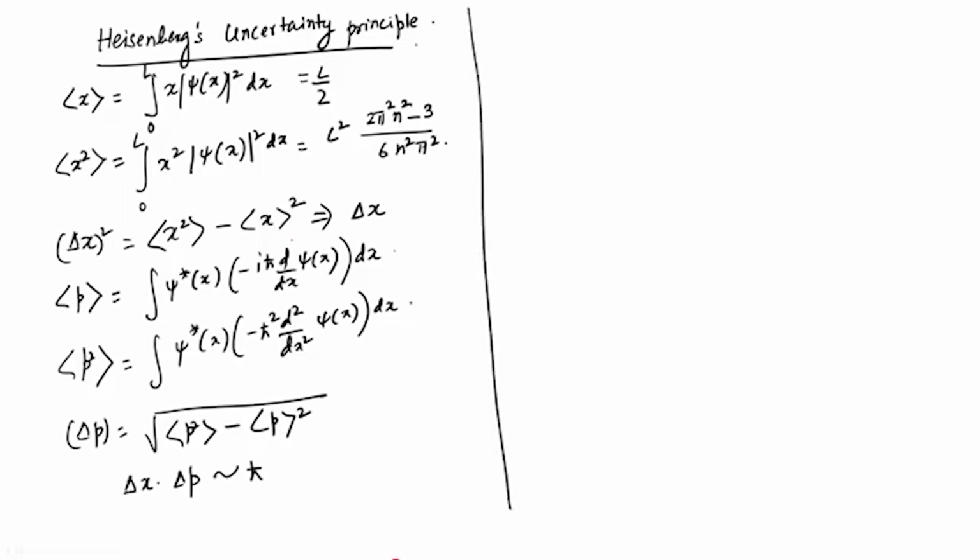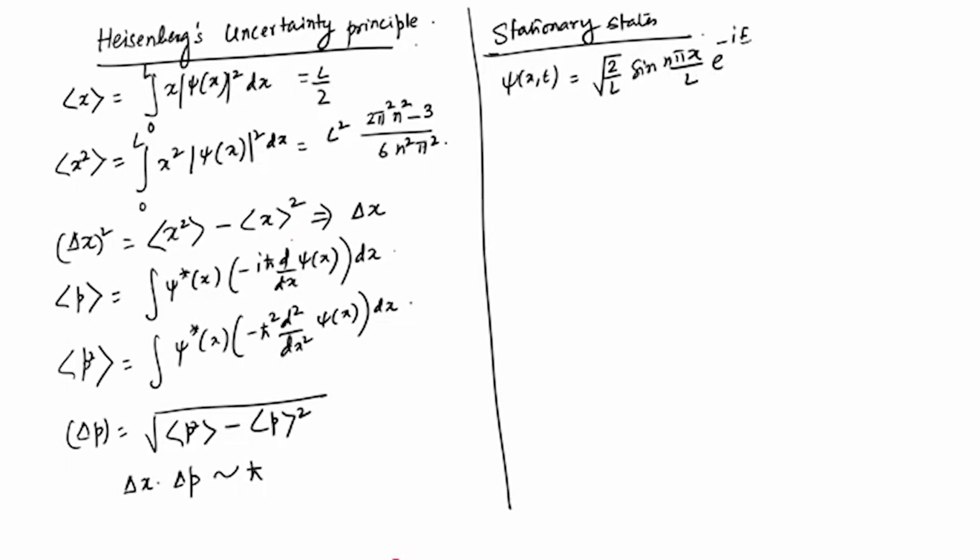Okay. And let us understand what the stationary states would be. If you want to evolve these wave functions in time, psi(x,t) is equal to root over 2 by L sine of n pi x by L, exponential of minus i E_n t by h cross, where E_n is given by n square pi square h cross square by 2 m L square.